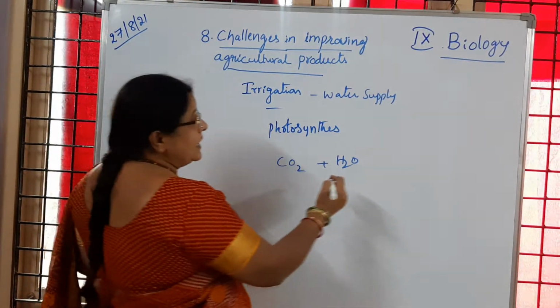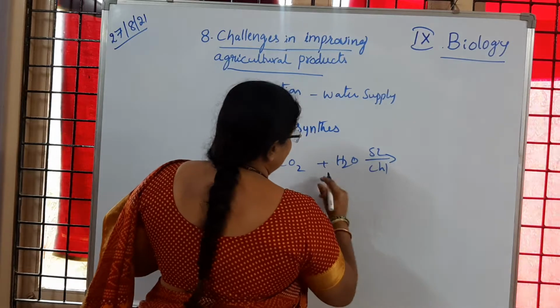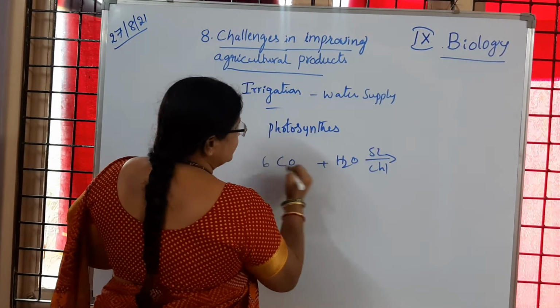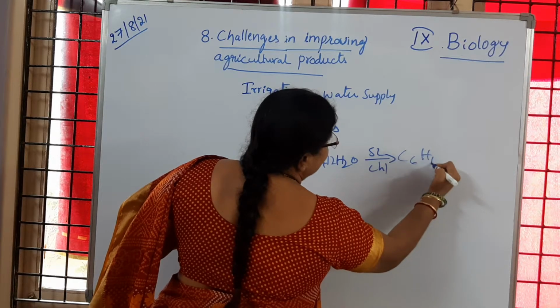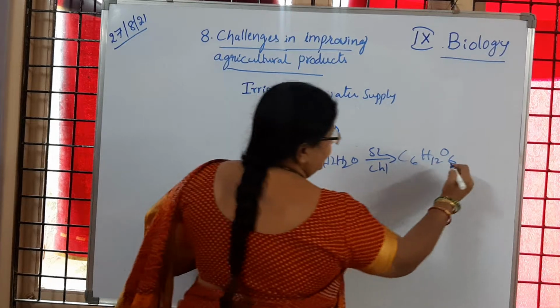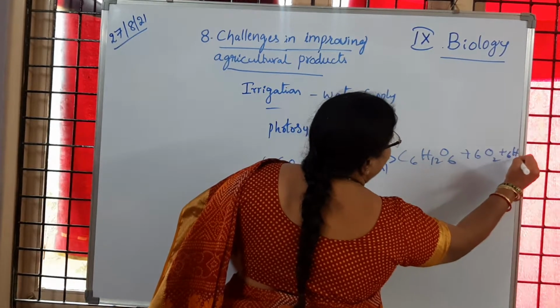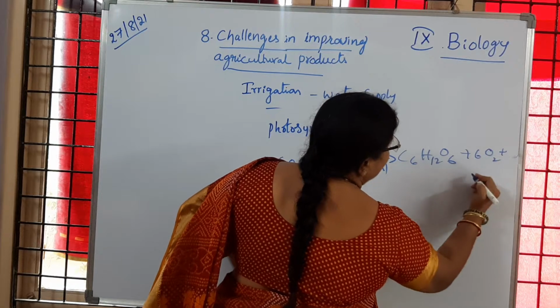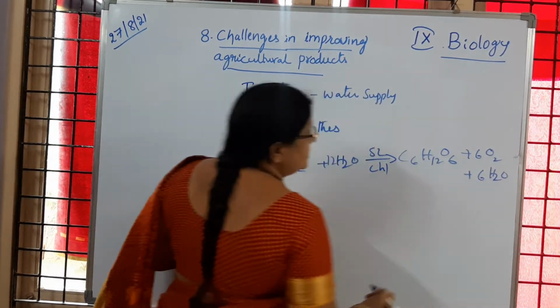In the presence of sunlight with the help of chlorophyll, the plant prepares the glucose molecule, a carbohydrate. Is it clear to you?